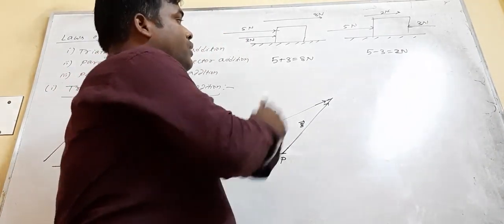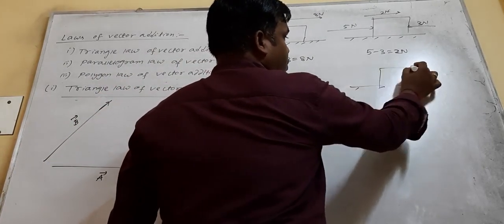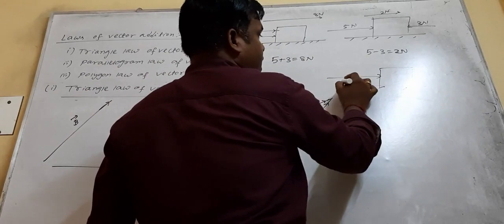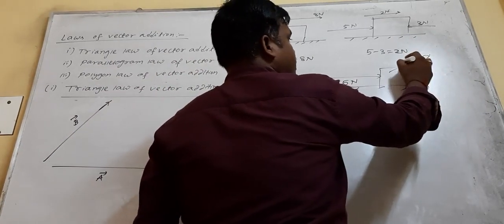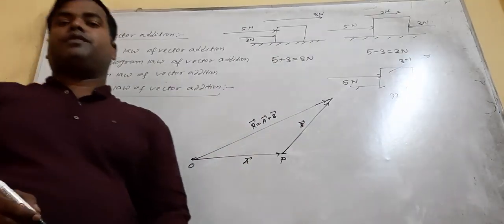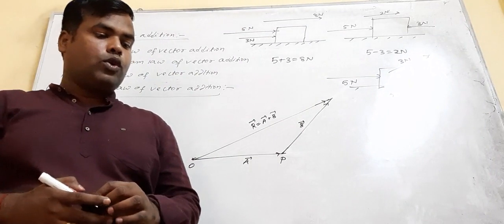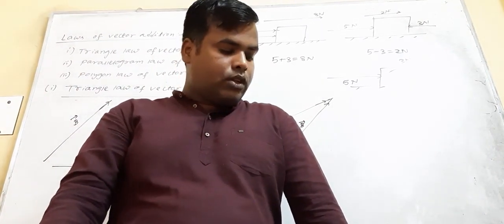If you apply the two forces at any other angle, then what will be the resultant? Here you cannot get the resultant force unless you know the laws of vector addition. So what is your conclusion?